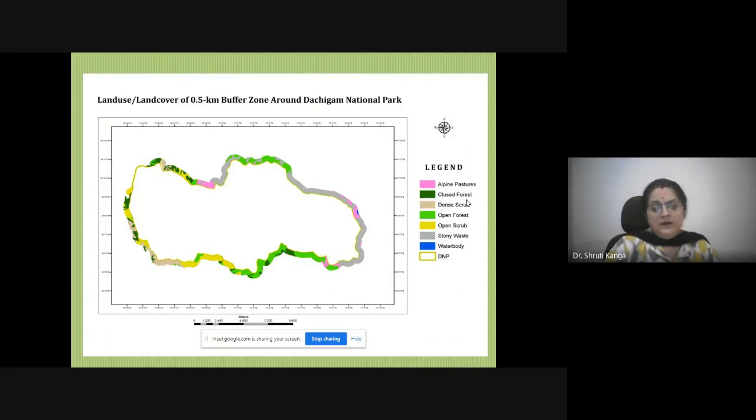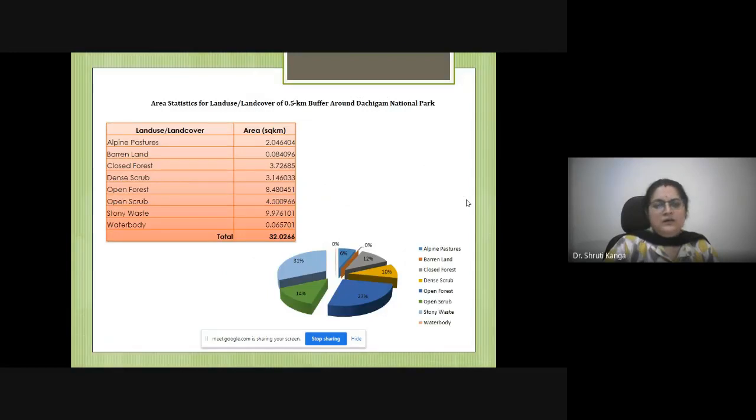Then in the study, the land use land cover was calculated for a 0.5 kilometer buffer in and around the park. This is the area statistics of the park, and this is the most sensitive area. The farther the buffer, the more the sensitivity decreases.